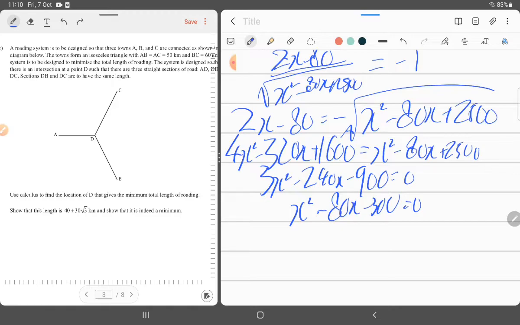What would that equal to? 1, negative 80, negative 300. I don't think that's right. Did I go wrong somewhere?